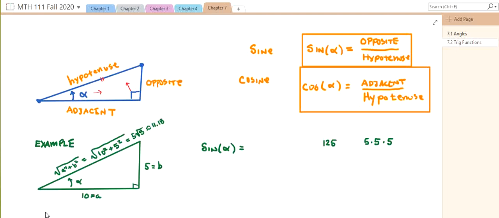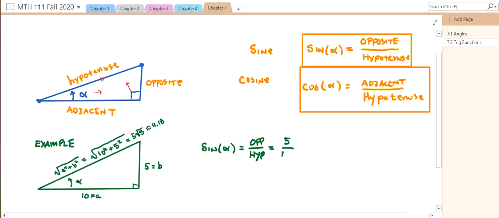So the sine of alpha equals opposite over hypotenuse, which is 5 over 5 square root of 5, which is 1 over square root of 5.